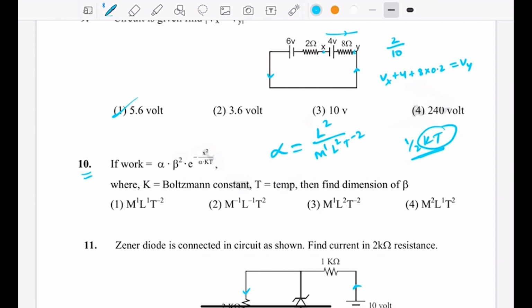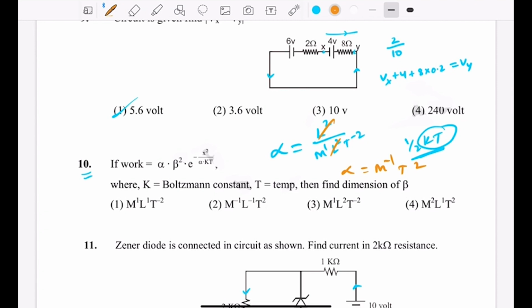So alpha into beta square. So beta is inverse of it under root. Am I going wrong anywhere? Dimension of beta. So work is equal to, okay, sorry. From here alpha dimensions are m power minus 1 t power 2.